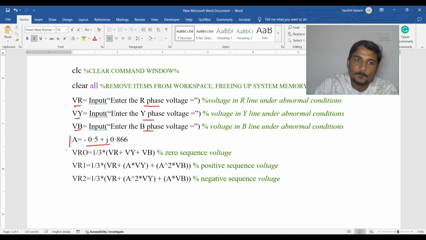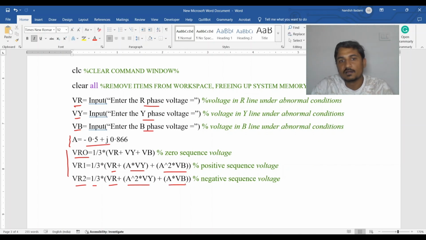Using the formula from the above calculation, we can calculate the zero sequence R phase voltage as 1 by 3 times VR plus VY plus VB. Similarly, the positive sequence R phase voltage is 1 by 3 times VR plus A times VY plus A square times VB. The negative sequence R phase voltage is 1 by 3 times VR plus A square times VY plus A times VB.